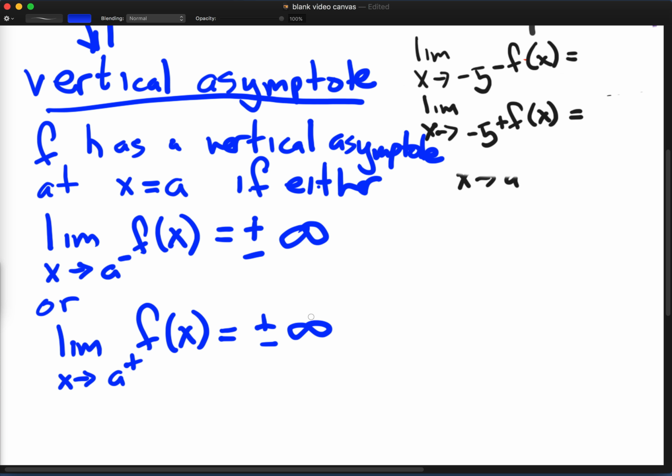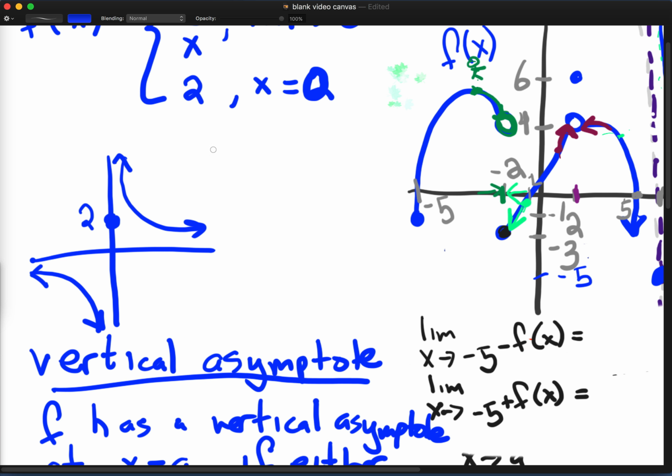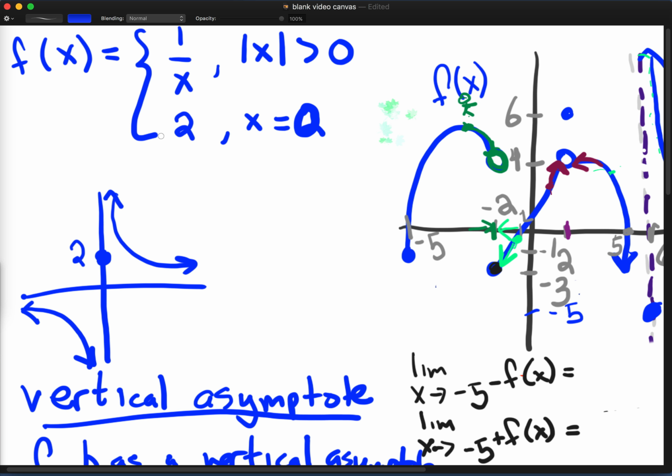So the asymptote would only apply in that piecewise function to the 1 divided by x portion of it? Well, no, the function is a piecewise function, so it would be the function. This piecewise function that we defined has a vertical asymptote at x equals 0, and the value there is 2.